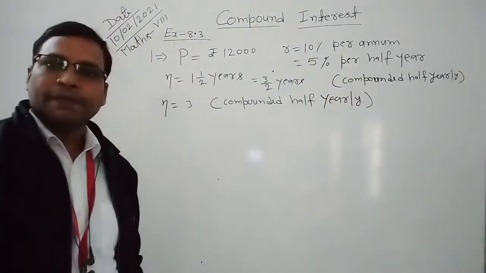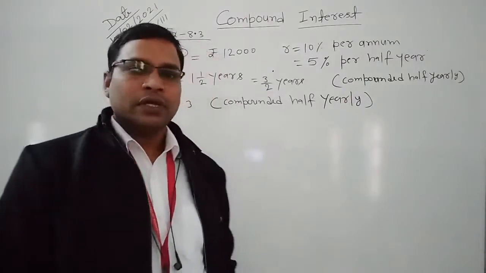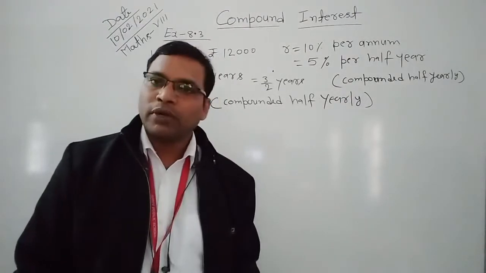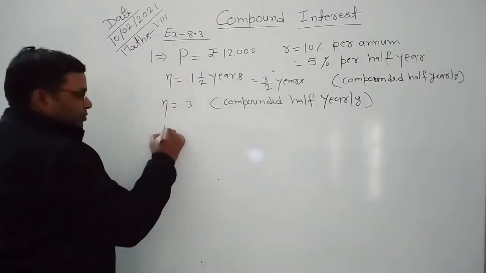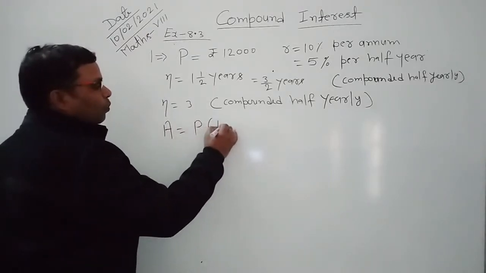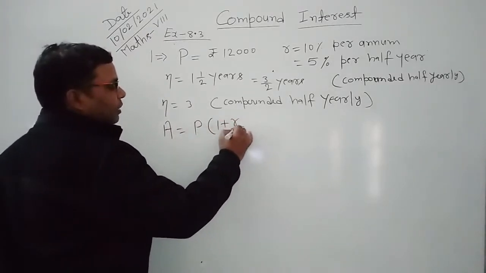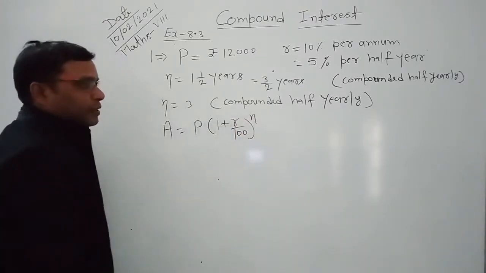Clear? This is clear now. So we use the formula to find the amount. Amount is equal to P into 1 plus R by 100 to the power n.